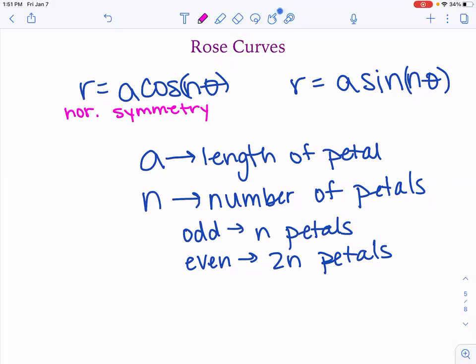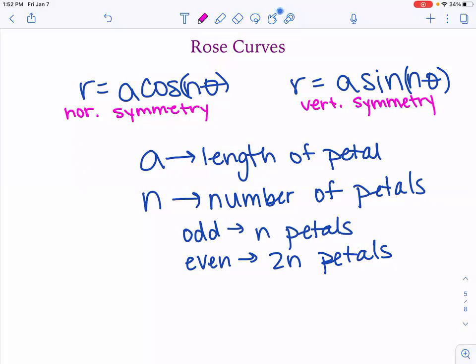Cosine is always associated with horizontal movement, right? Like (1, 0). And any polar curve with sine is going to have vertical symmetry.